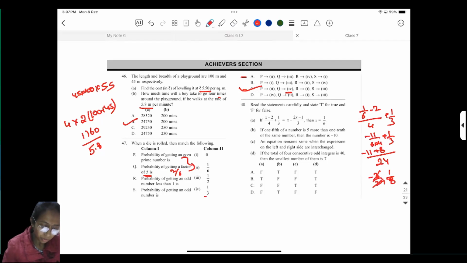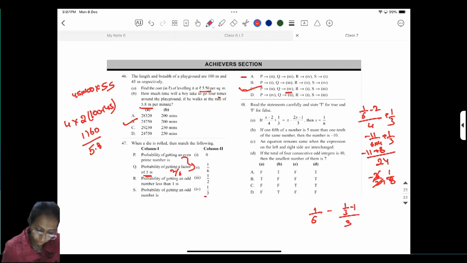Now, when you substitute this in the right hand side, you will have 1 by 6 minus 2 by 6, which is 1 by 3, minus 1 upon 3.